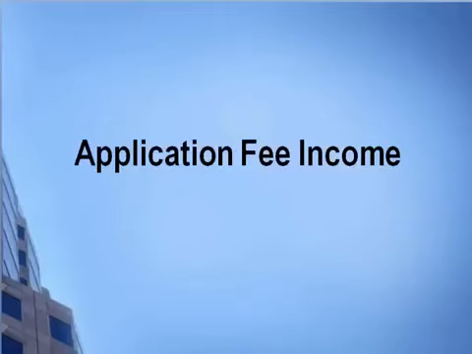And that'll give you an idea as to exactly how busy the leasing manager or the property manager is in leasing up that unit. All right, so you want to use this application fee income category to give you a handle on exactly how active the property is.